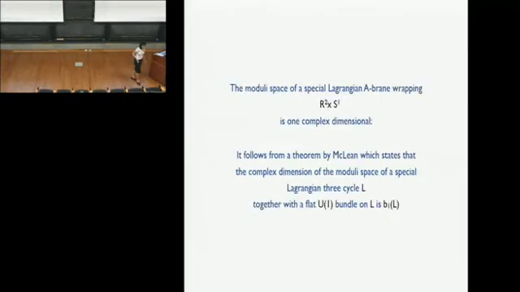Now, the moduli space of a special Lagrangian wrapping R2 times S1 of an A brane on this is one complex dimensional. This follows from a theorem by McLean, which says that the complex dimension of moduli space of a special Lagrangian 3 cycle is b1 of L. So the real dimension is b1 of L, and this gets paired up with the moduli of the flat U(1) bundle, so you get one complex dimensional manifold.